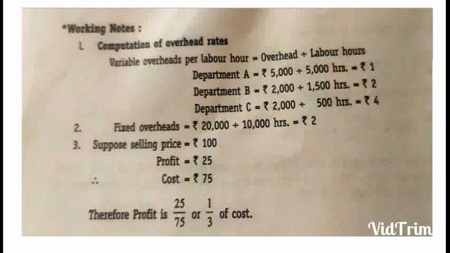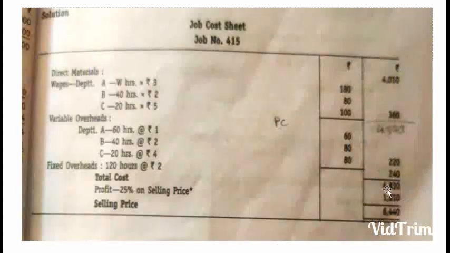So this is your simplified form. So 1 by 3 on cost. So what is your cost? Cost is 4,830. So 4,830 into 1 divided by 3 will give you 1,610. So you add up your profit, you will get your selling price.